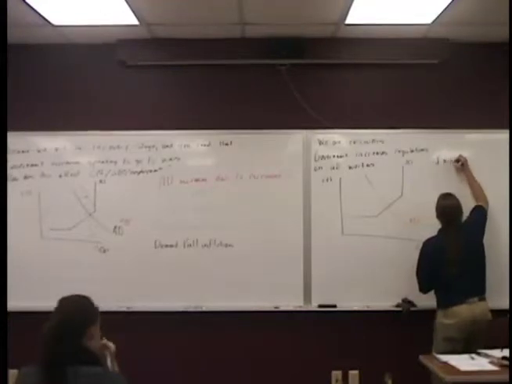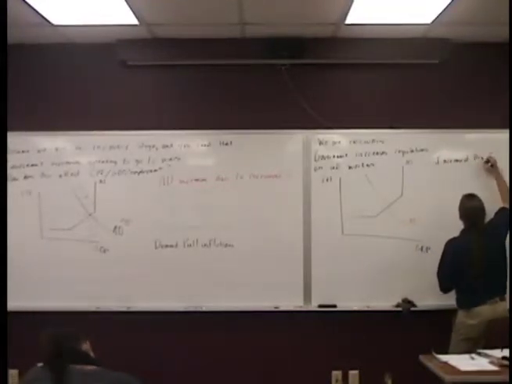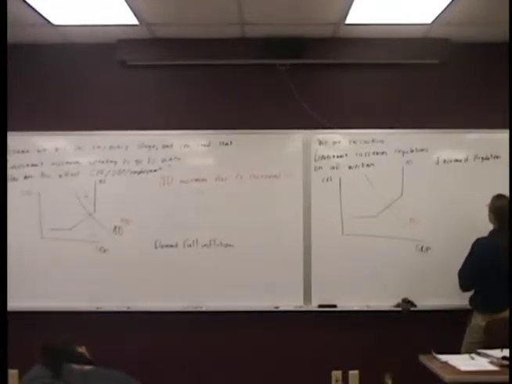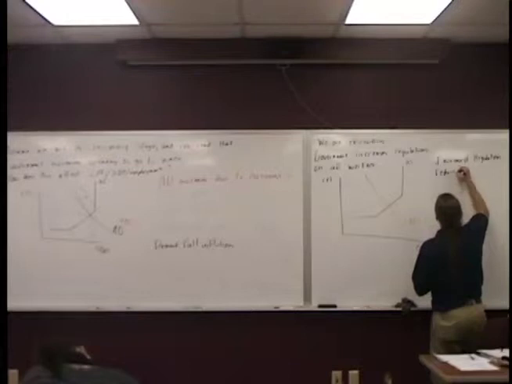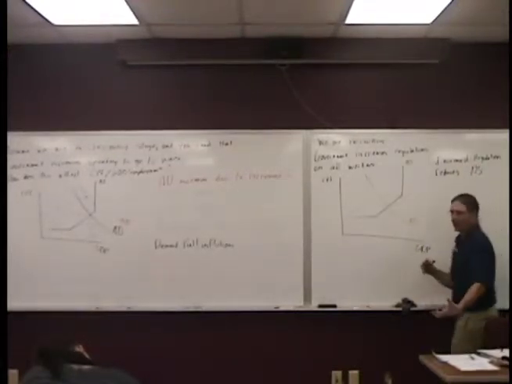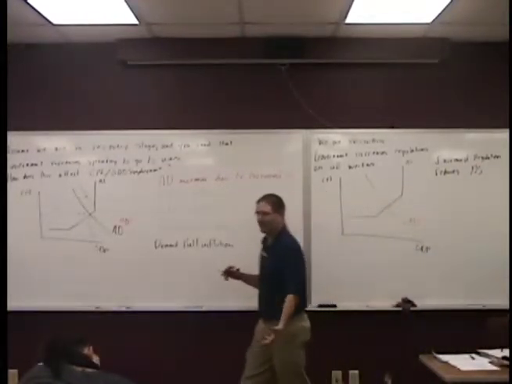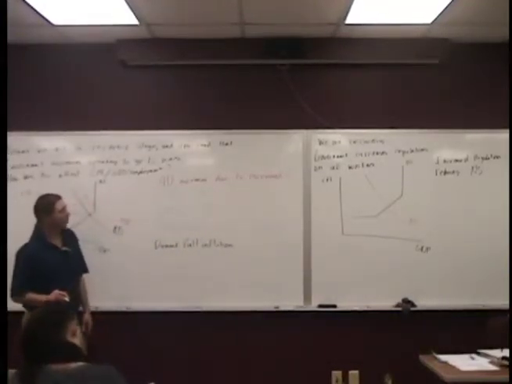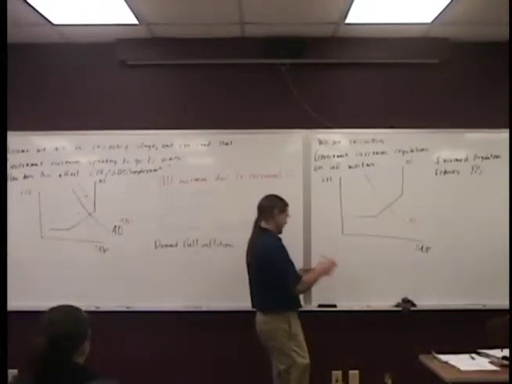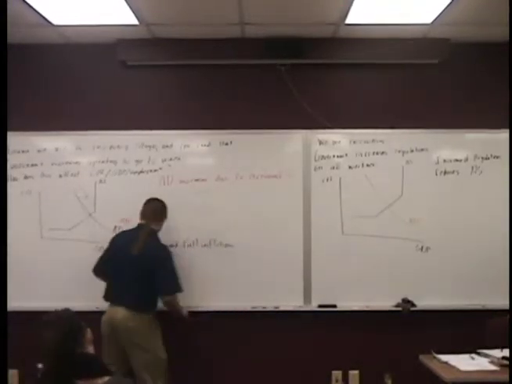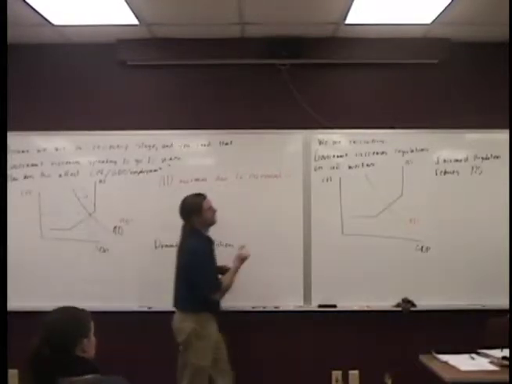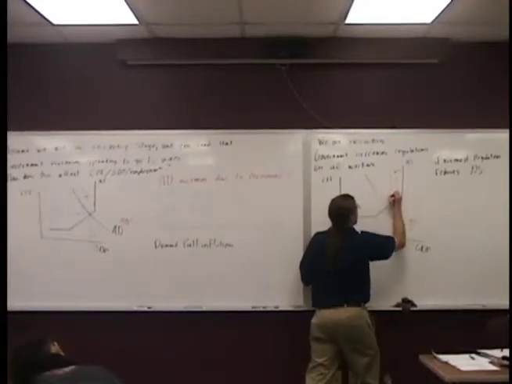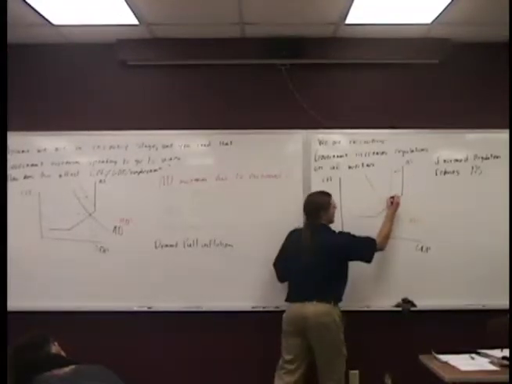So increased regulation reduces aggregate supply, right? More regulation means that businesses have to spend more time filling out forms instead of working, right? Producing. So aggregate supply shifts left. So we shift our aggregate supply to the left. Again, try and keep everything parallel if at all possible.